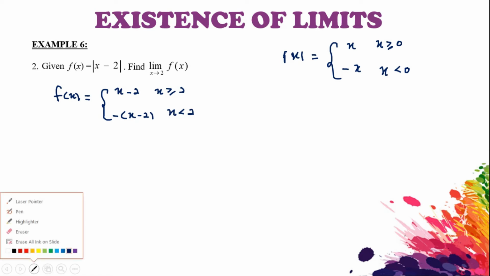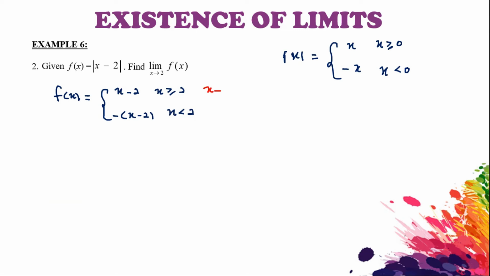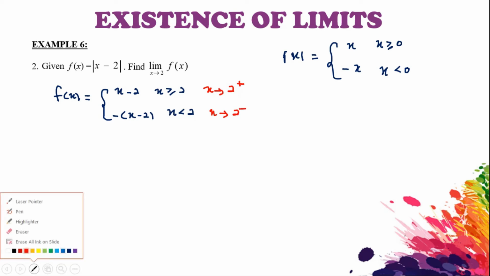So as we did earlier, we know that this one, x greater than or equal to 2, is for x approaches 2 from the right, while this one is for x approaches 2 from the left because we have x less than 2. Now we can find our limit of f(x) when x approaches 2.